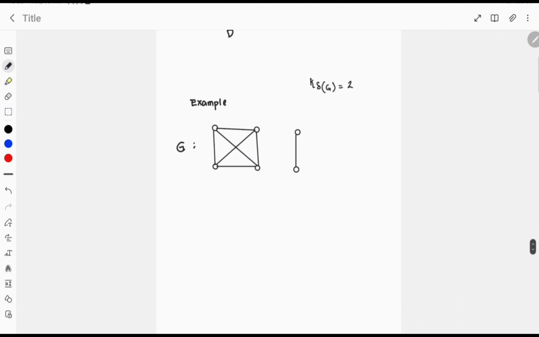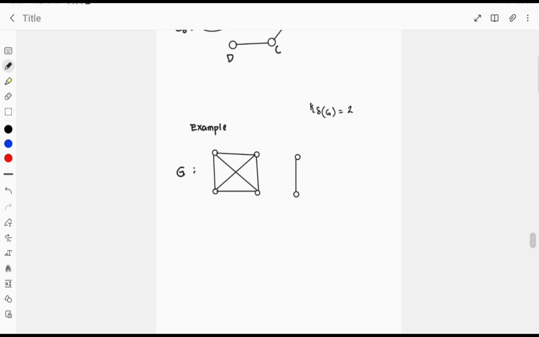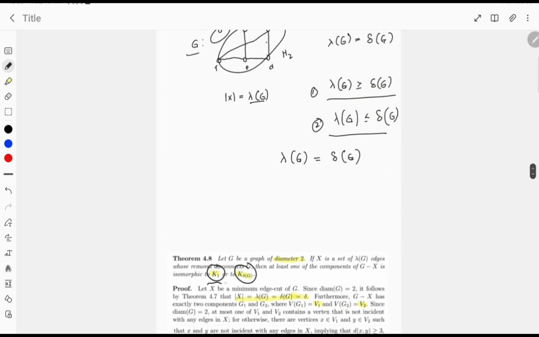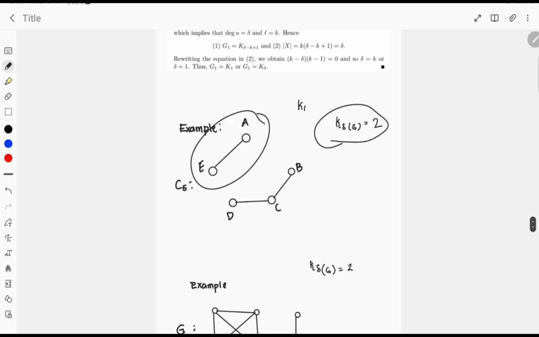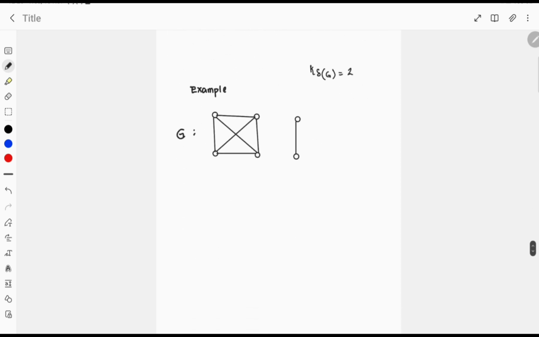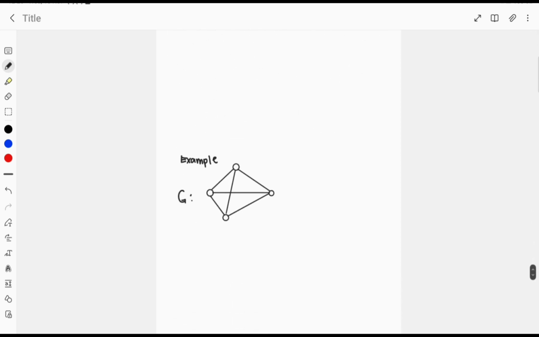Okay, can we satisfy both of the conditions? Is this one and this one? Yes, because it says at least one, not at most. So let's have another example. How about this one?